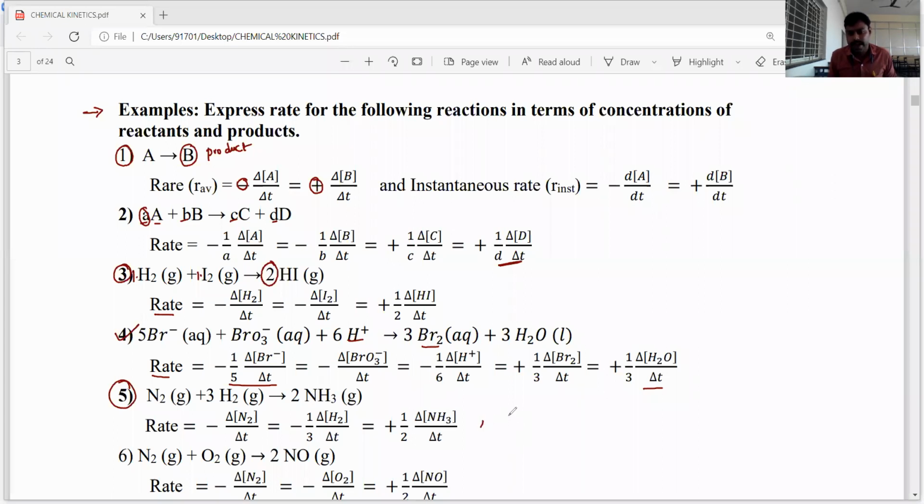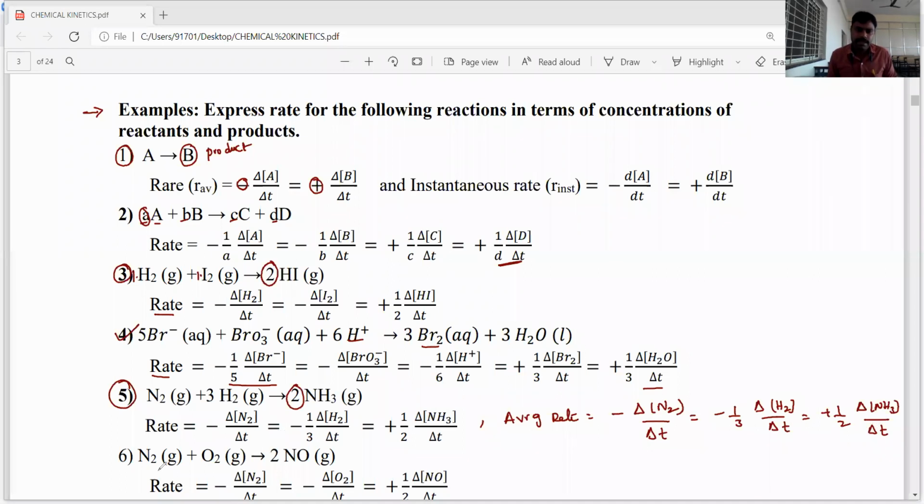For this equation, the average rate is equal to, with respect to nitrogen, where 1 mole of N2 is present, minus delta N2 by delta T, which equals, with 3 moles of hydrogen gas present, minus 1 by 3 into delta H2 by delta T, and with 2 moles of product present, equals plus 1 by 2 into delta NH3, the change in the concentration of ammonia, with respect to the time interval delta T.